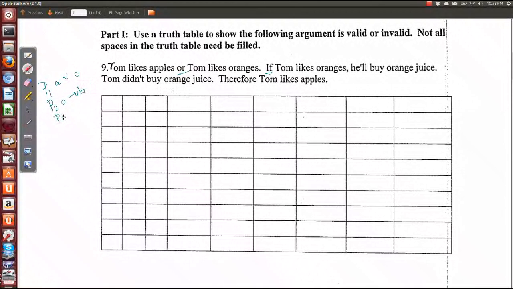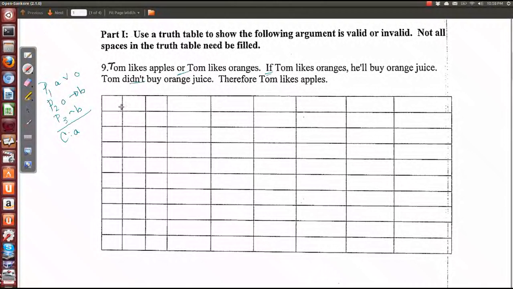For our third sentence, I see Tom didn't buy orange juice. So this is the negation of the B that we had stated before. And our conclusion is that Tom likes apples, which is what we had for our statement A. So we've listed our premises and conclusions.